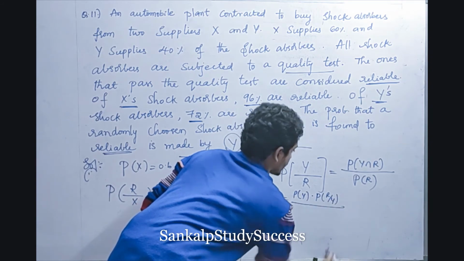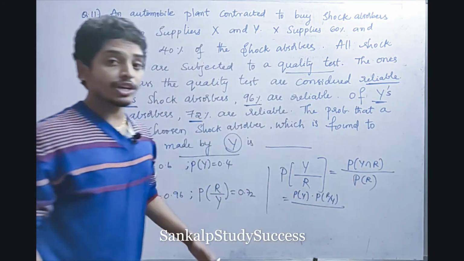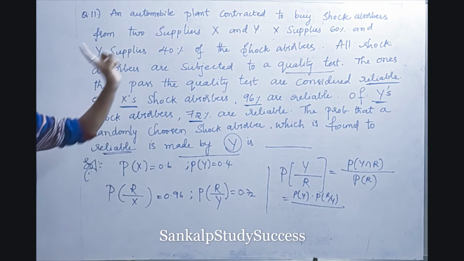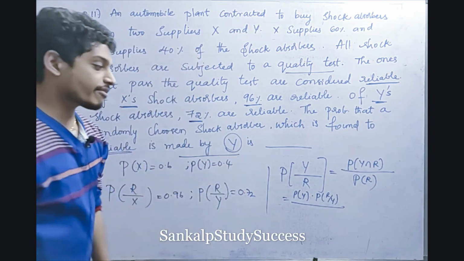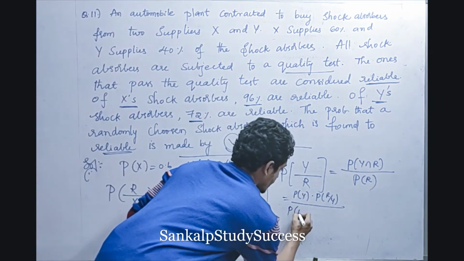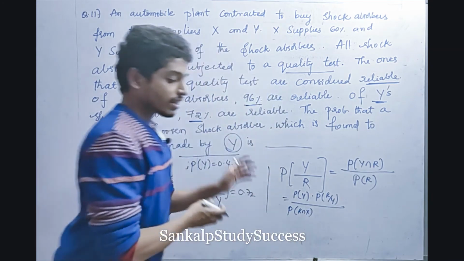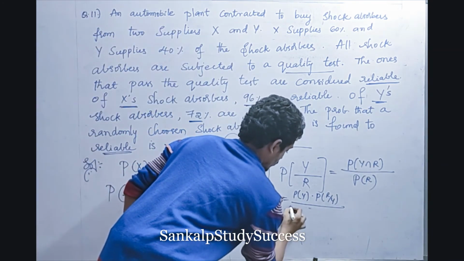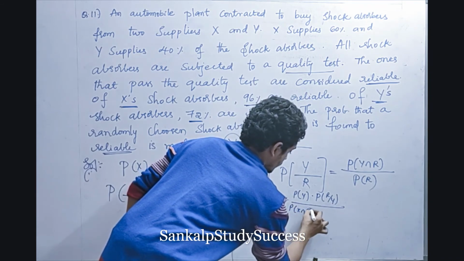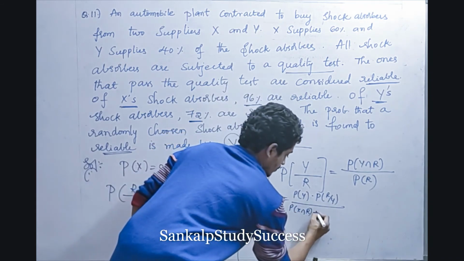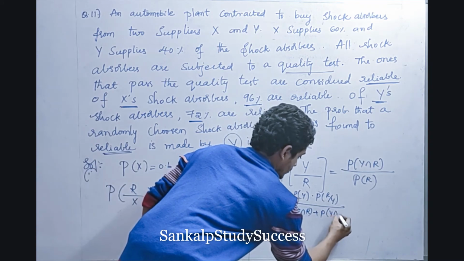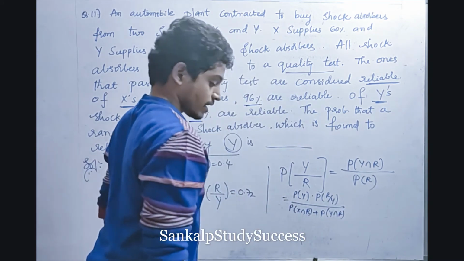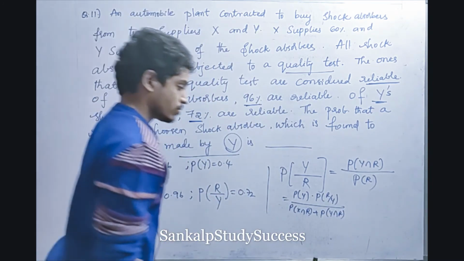Whole divided by, what is P of R, friends? Probability of reliability. Reliability is there in X and reliability is also there in Y. So P of X into P of R by X plus P of Y into P of R by Y. Now, how can I write this?